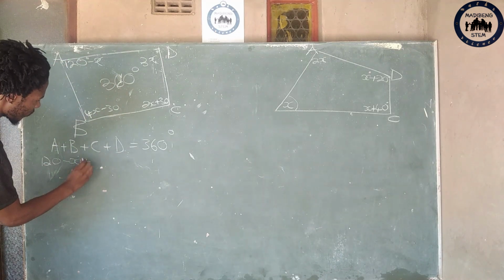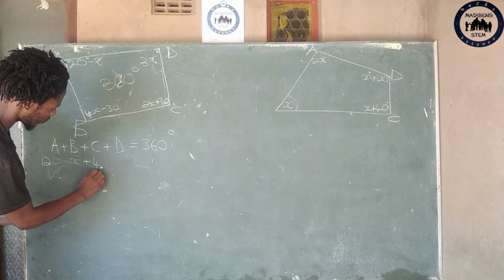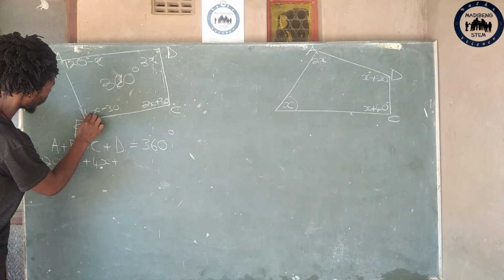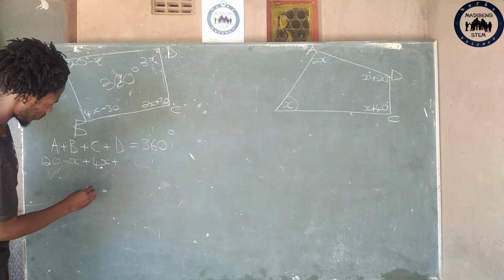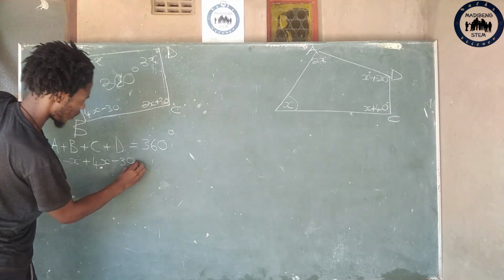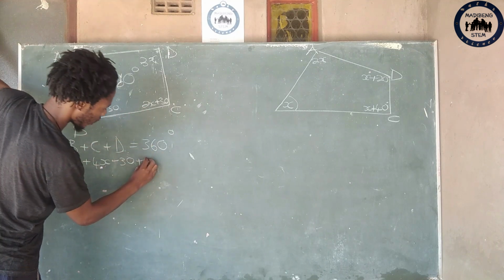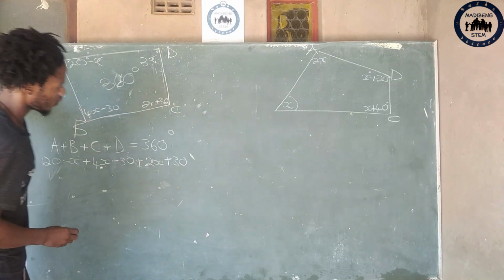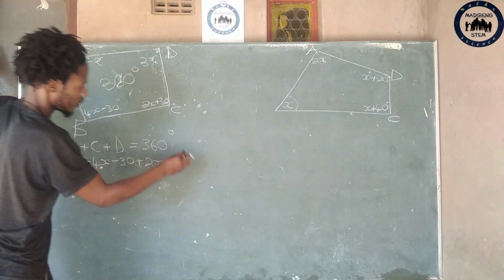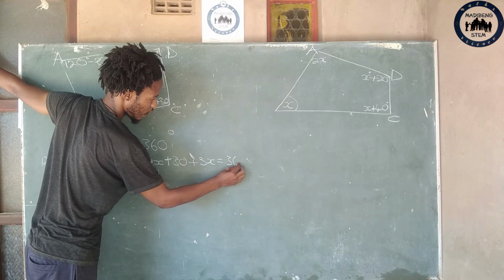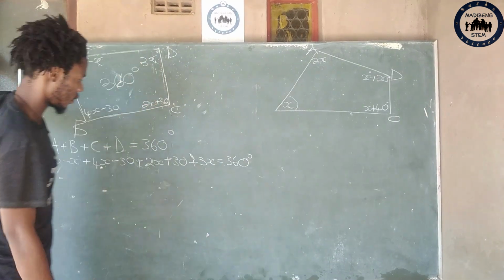Then plus angle B is 4x, plus angle C is 4x minus 30, plus 2x plus 30, plus 3x is equal to 360 degrees.